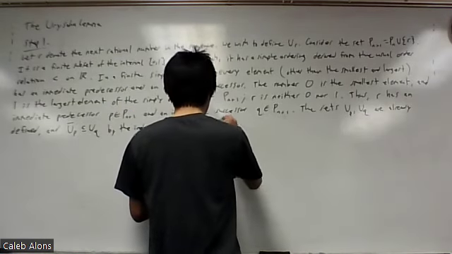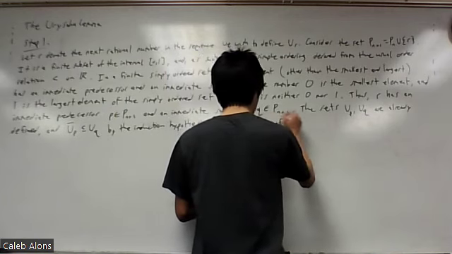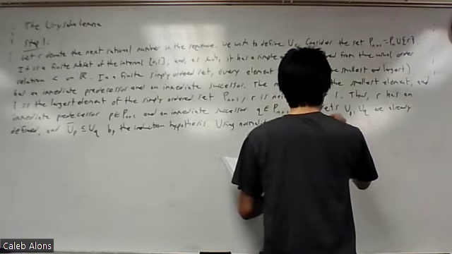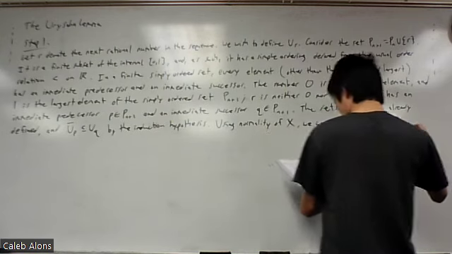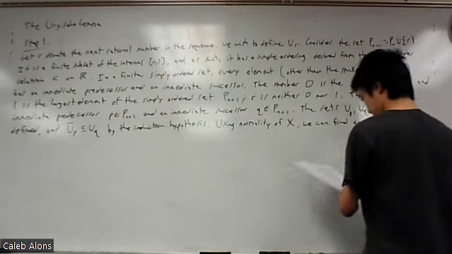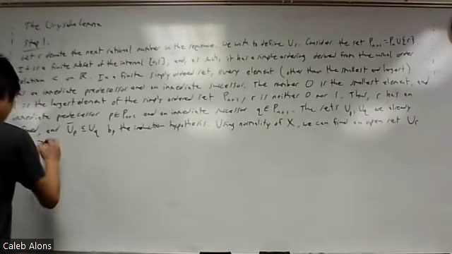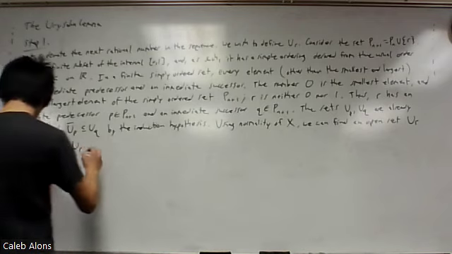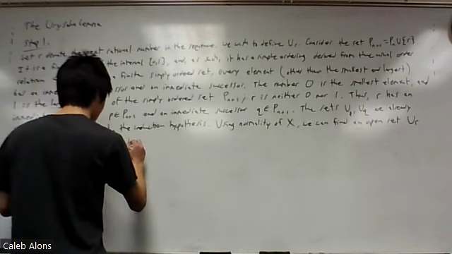So using normality of X, we can find an open set U sub R of X such that the closure of U sub P is a subset of U sub R, and the closure of U sub R is a subset of U sub Q.